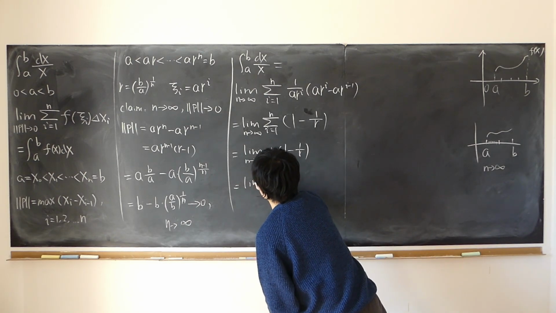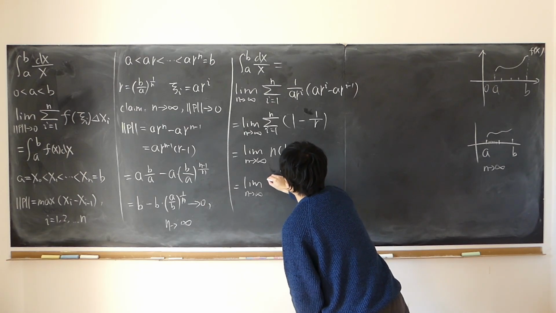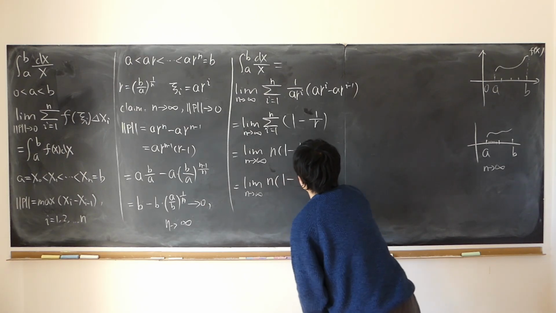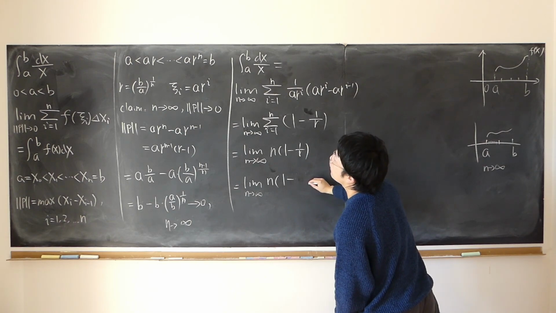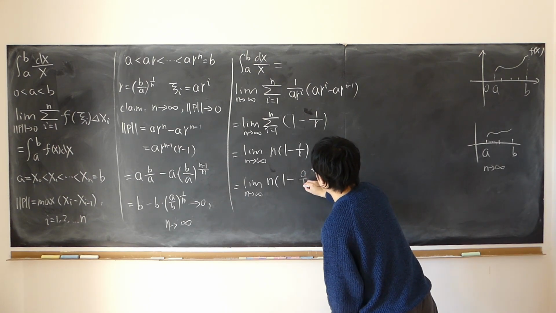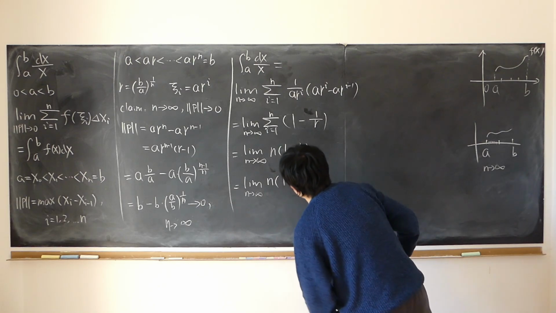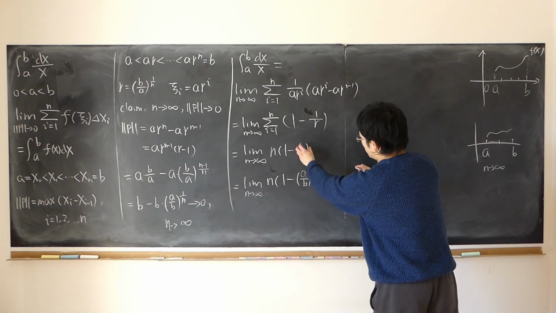That is, I just have to work out the limit of just n times 1 minus 1 over r, where r is b over a to the power of 1 over n, right? Reciprocal, right?